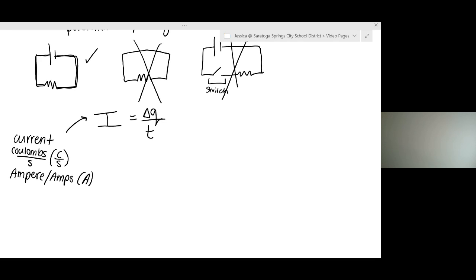It's just ampere can get kind of annoying to say, so we shortened it to amps. So delta Q is the charge, or the change in charge in coulombs, which remember is represented with a letter C. And of course, t is time, and we want to measure time in seconds.